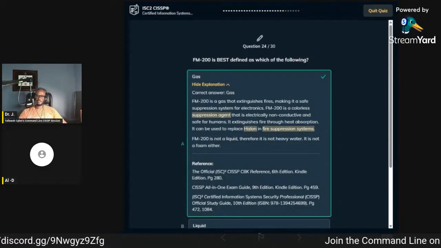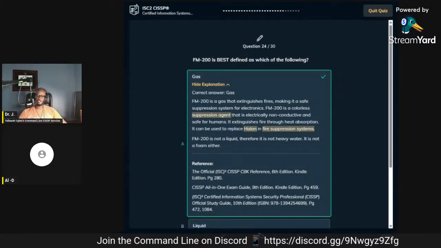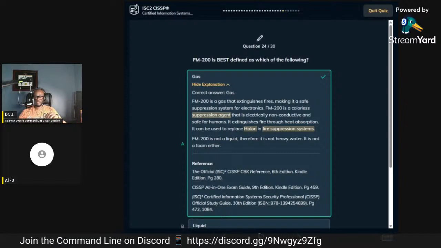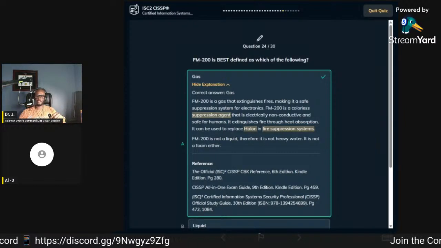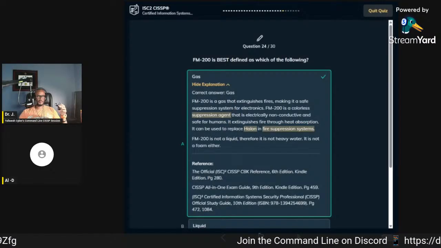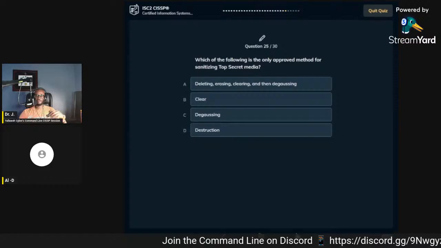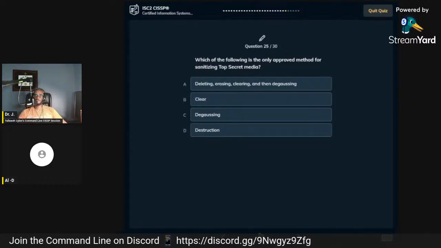It's a colorless suppression agent. It's electrically non-conductive and safe for humans. It's not Halon. It replaces Halon in fire suppression, because Halon, I think, was harmful for the ozone layer or the environment. So that was a replacement for it.